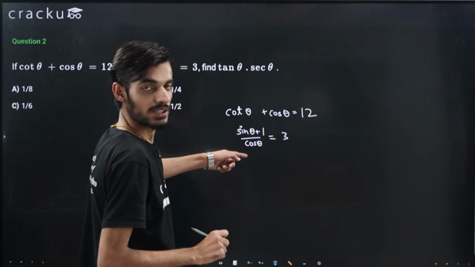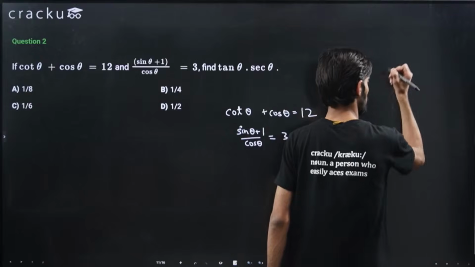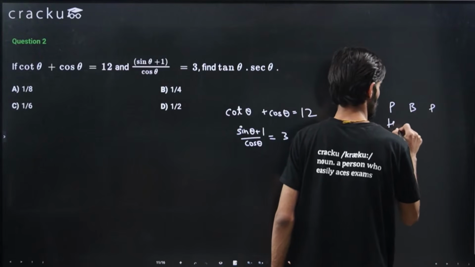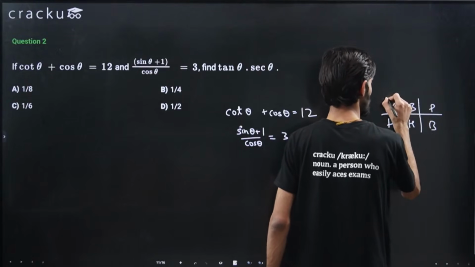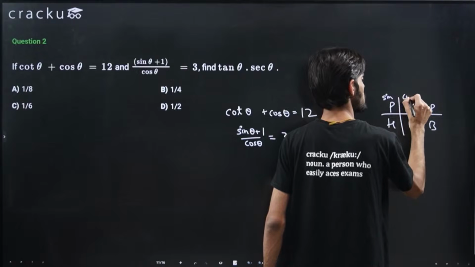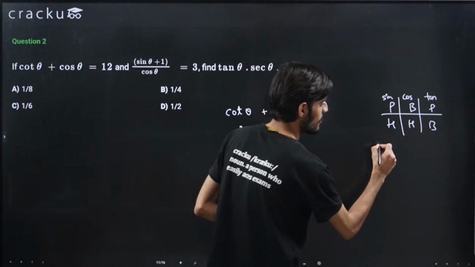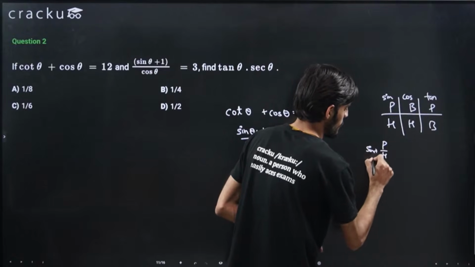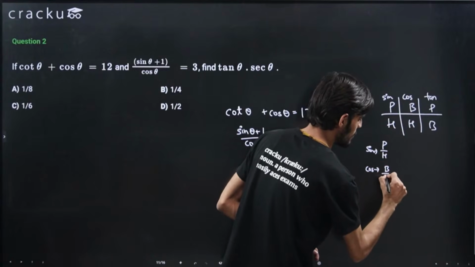Again, sin theta by cos theta is tan theta, like I told you. So this was sin, this was cos, and this was tan. Sin theta is p by h, and cos theta is b by h, that is base upon hypotenuse.